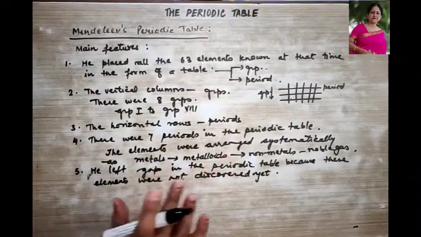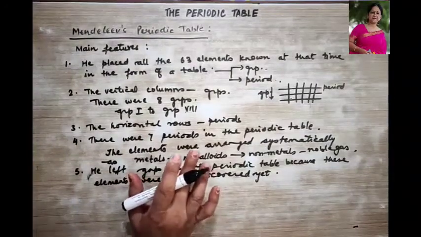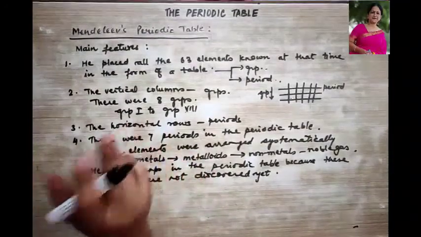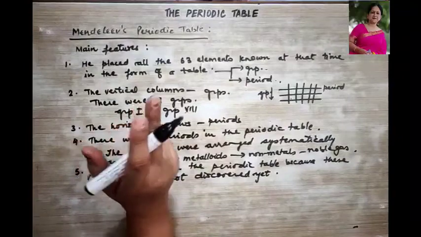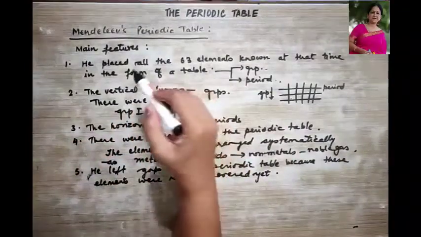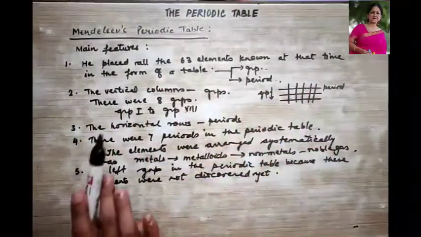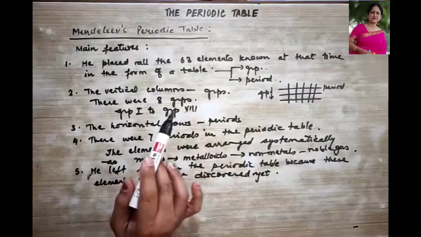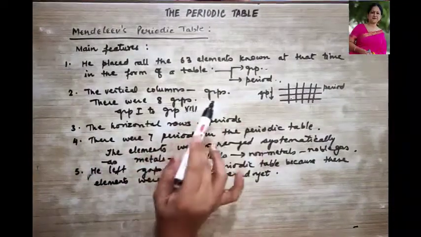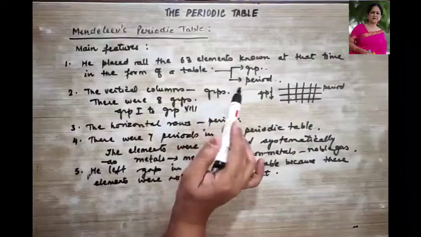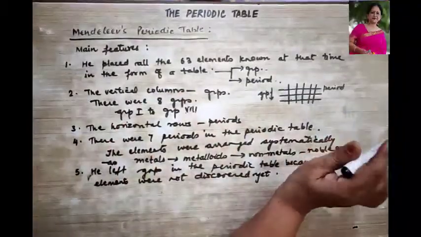So now, what were the merits of Mendeleev's periodic table? The first merit was that he had arranged all the 63 known elements in the form of a table, where he had divided the table into groups and periods. What was the group? The vertical columns are called groups.